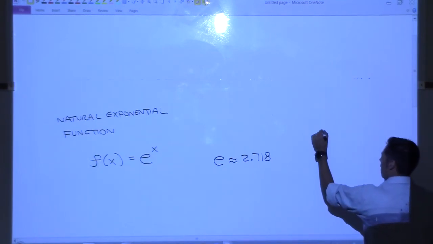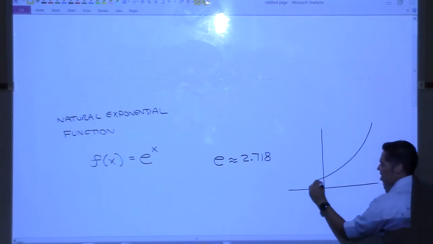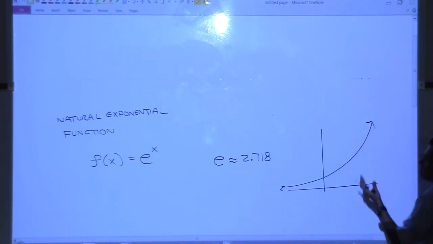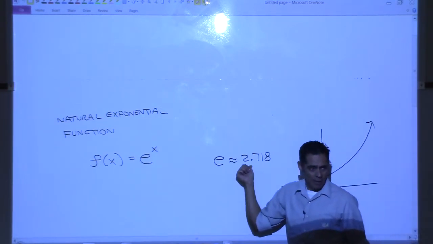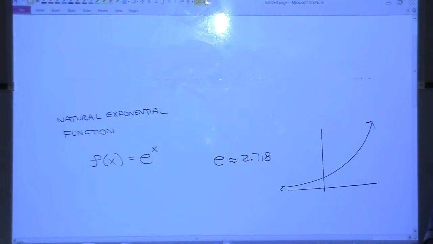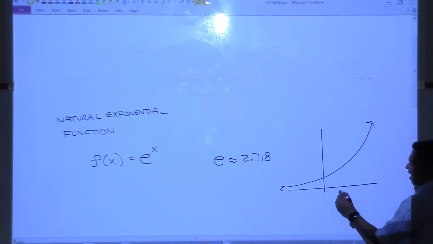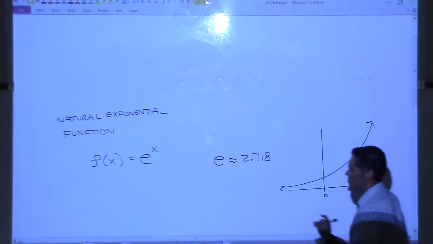So if I graph it, it'll look like this, right? We know it looks like exponential growth because this number is bigger than 1. So we know it's growth. And in a calculus class, we are doing slopes of tangent lines, right? Derivatives. Okay, so let me just ask you right now. If I asked you to take the number 0 and plug it into this function, what would you get?